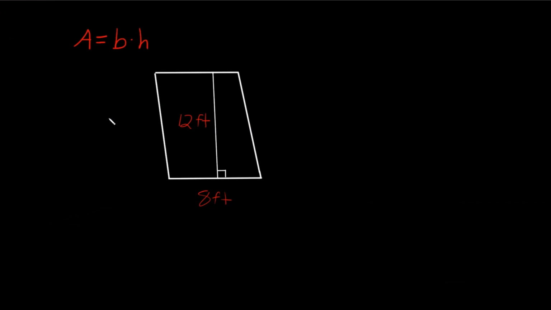And we can just plug in our values and then solve from there. So the area is equal to our base, 8, times our height, 12. Let's see, 8 times 12 is 96. And we're talking in feet here, so this is feet squared since we're two-dimensional. And that is our area, so pretty straightforward.